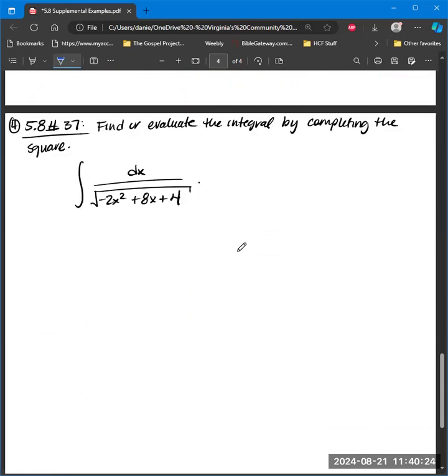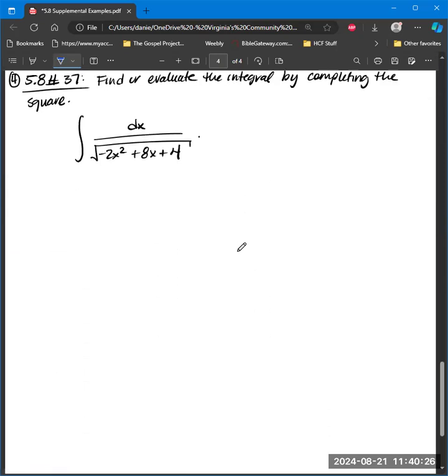All right, let's evaluate the integral by completing the square. So integral of, we need to factor out a negative 2 here from the x squared part and also from the x part. Leave that plus 4 over here by itself. Half of the middle number, squared, is going to be 4.